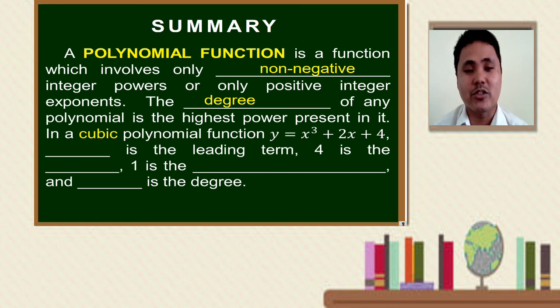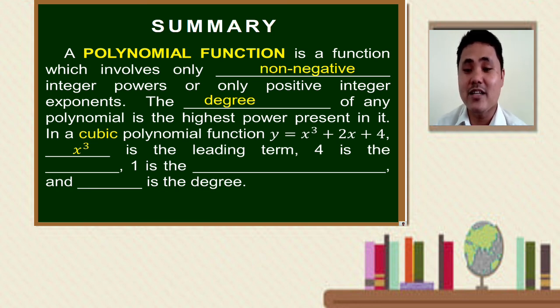So let's have here a cubic polynomial function in the form of y equals x cubed plus 2x plus 4. Here, what is the leading term? The leading term is the term which has the highest power of the variable. So the leading term is x cubed. And 4 here is a real number which is variable-free, without a variable, right?